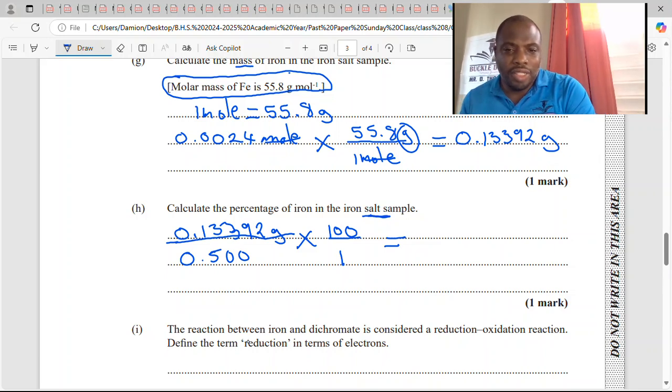And we know it's percentage we're working out. So what is that? 26.78%.